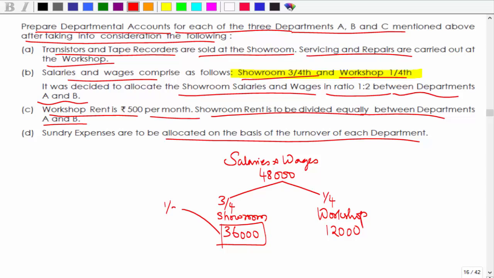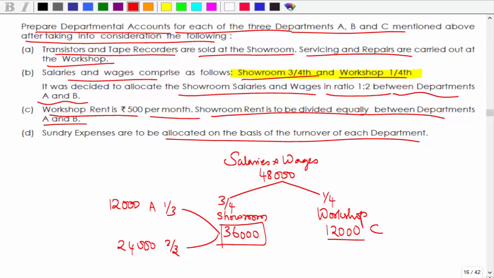That is, 1/3 should go to Department A and 2/3 to Department B. So 36,000 works out to 12,000 for Department A and 24,000 for Department B, and the remaining 12,000 will go to Department C.